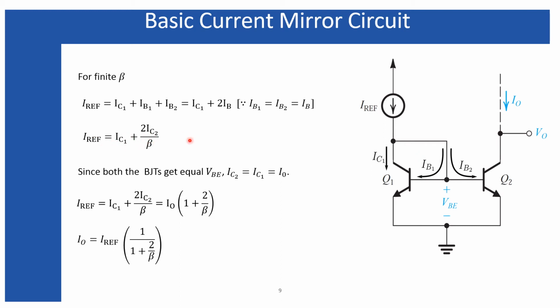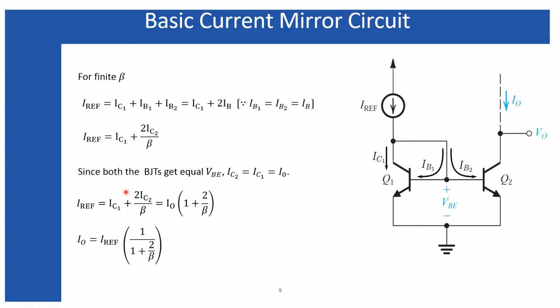Since IC is equal to beta times IB, I have replaced that and obtained this equation in terms of IC1 and IC2. Since both of these transistors are sharing equal base to emitter voltage, IC1 will be equal to IC2, which is equal to I naught, because I naught is what I am considering for IC1.